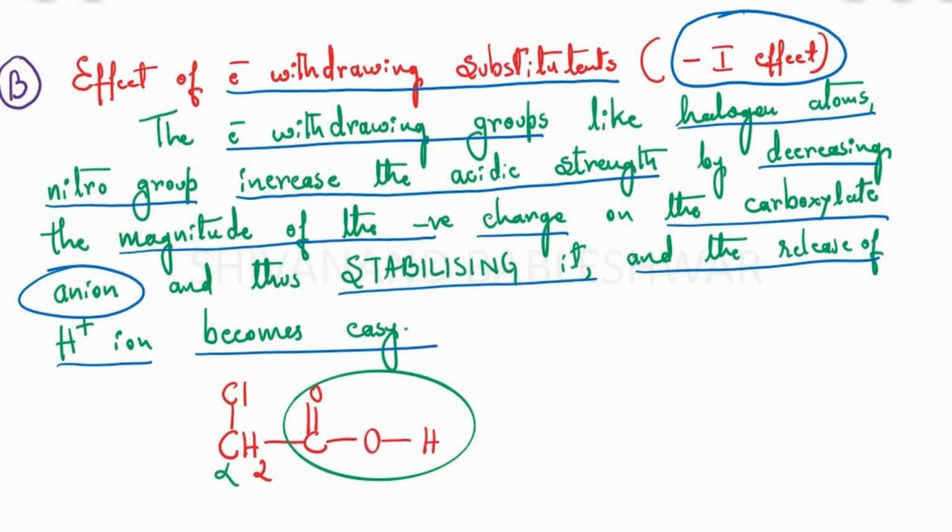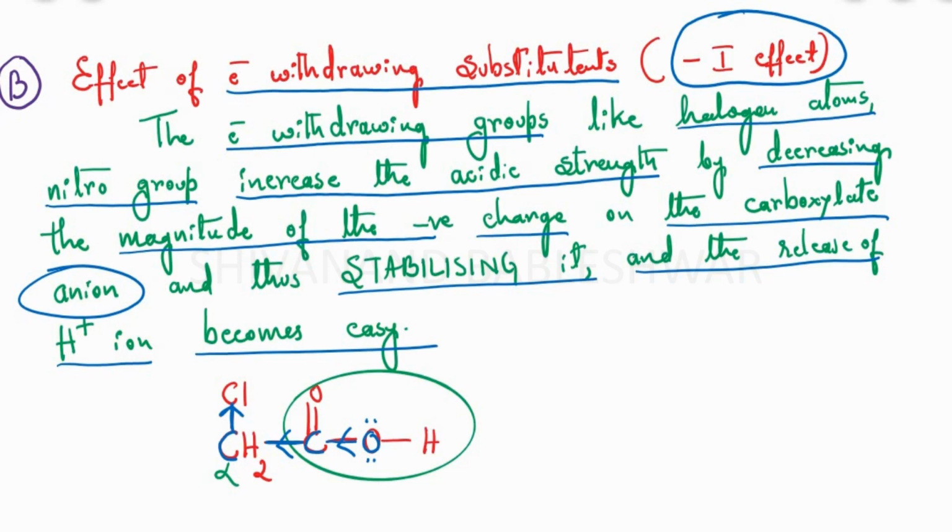So what does alpha chloroacetic acid do with respect to the H plus ion present in the functional group? It is electron withdrawing, so it withdraws electrons from this carbon atom, which is linked with the adjacent carbon, so the electrons move in this direction. Oxygen is more electronegative, and here we have a halogen, so these electrons move towards the halogen.